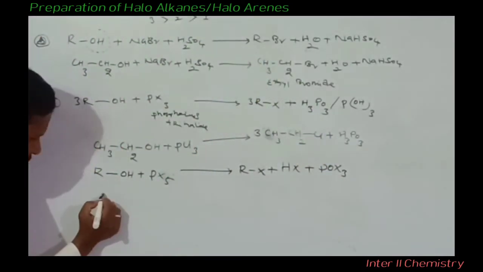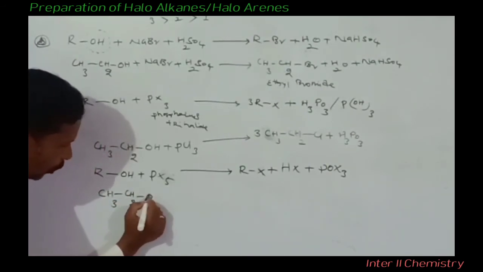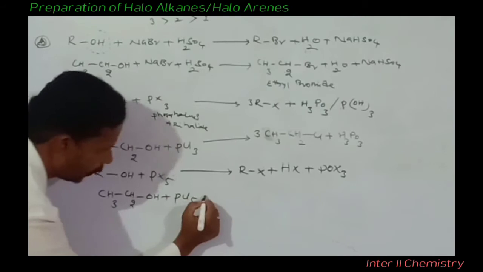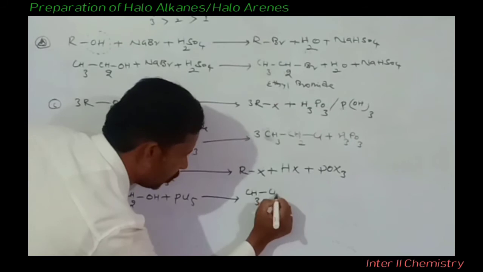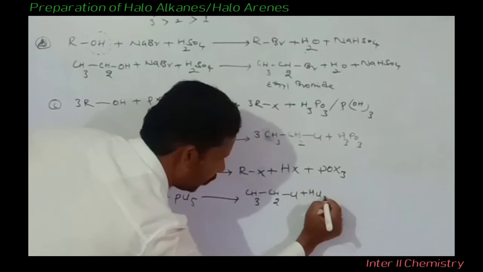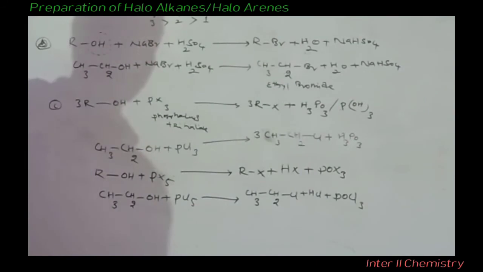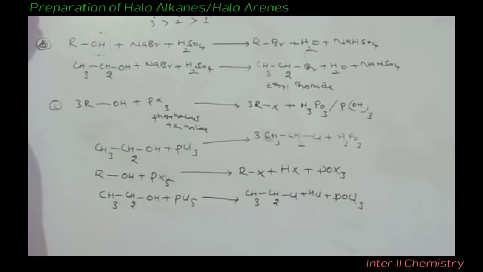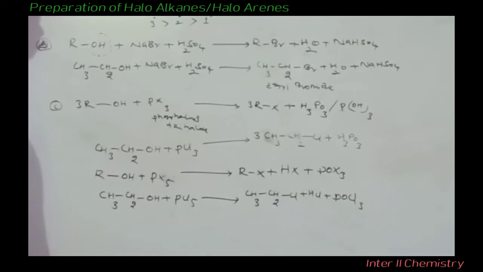Specifically, ethyl alcohol CH3CH2OH with PCl5 gives CH3CH2Cl plus HCl and POCl3. So this is the reaction with phosphorus trihalide and pentahalide. Specifically, take phosphorus trichloride and phosphorus pentachloride.